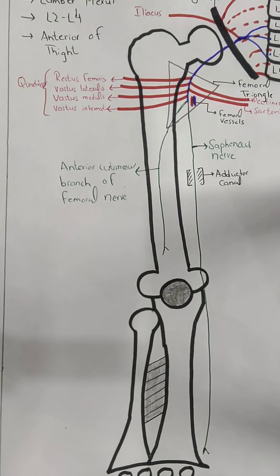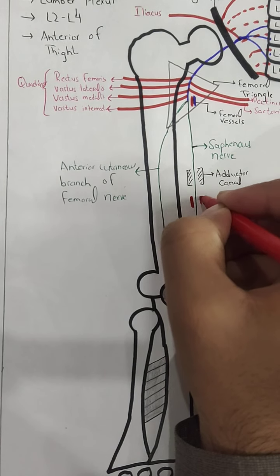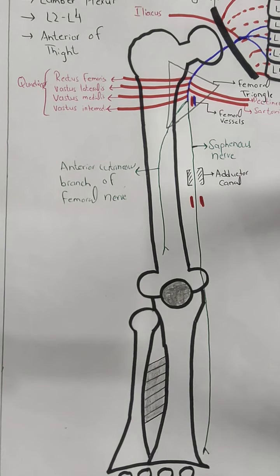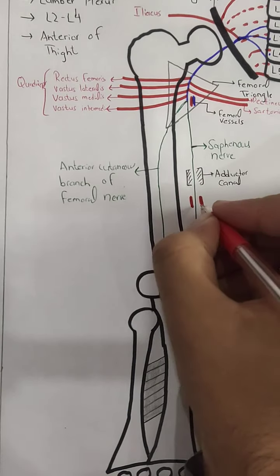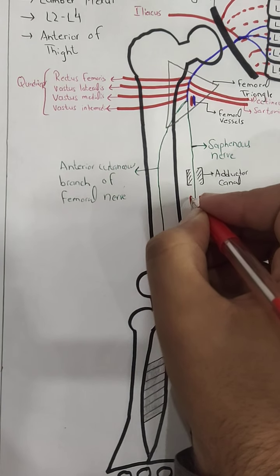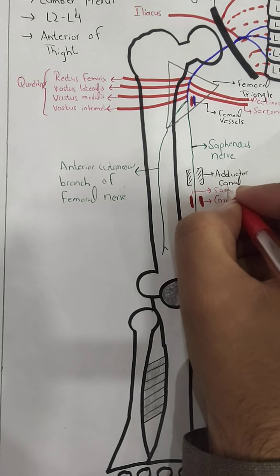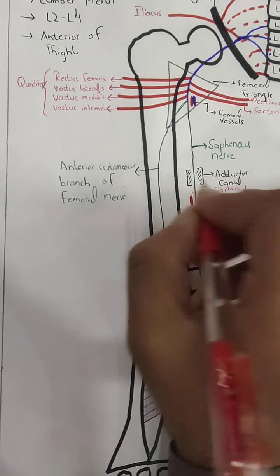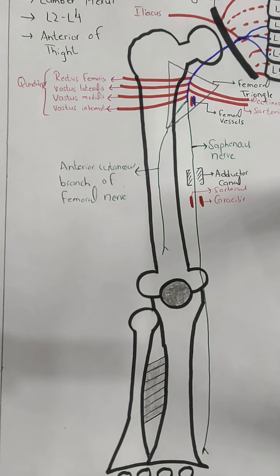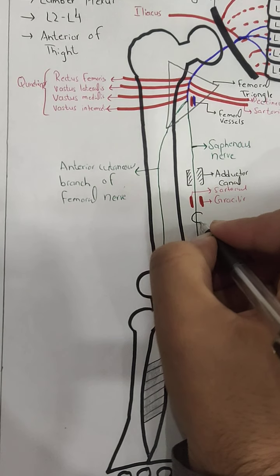Then it will move between two muscles. One muscle is this, one is this. These two muscles are the gracilis muscle and the sartorius muscle. So it will move between these two muscles, and then it will traverse the adductor hiatus.